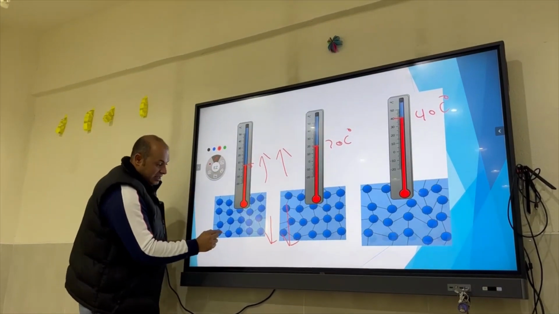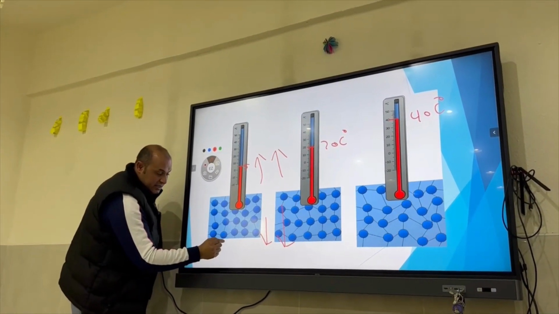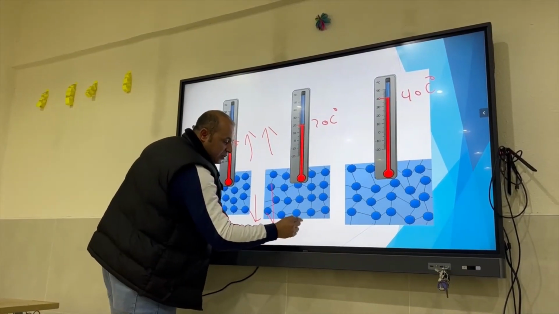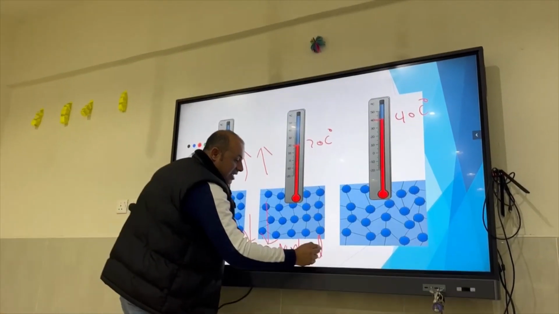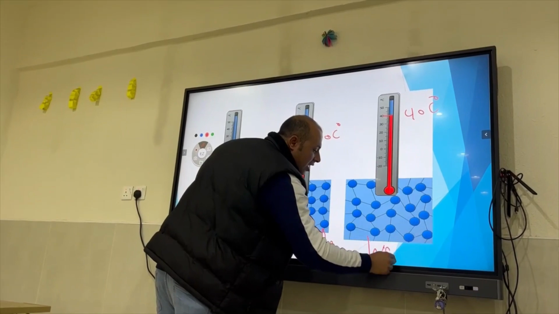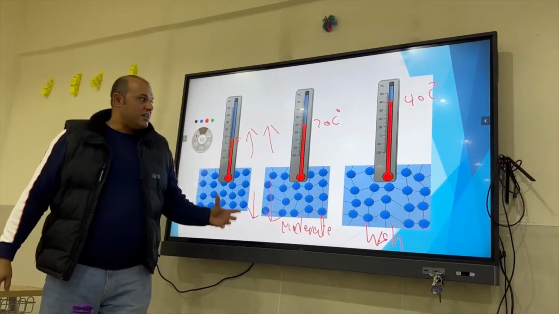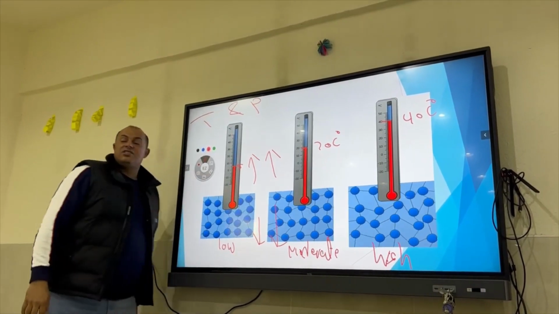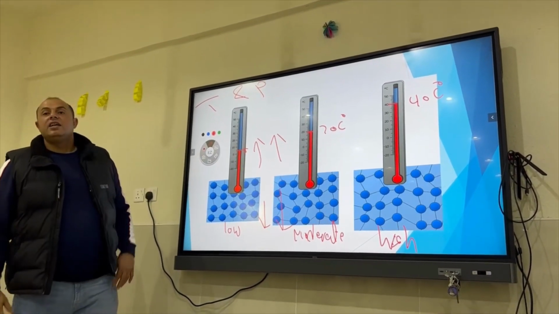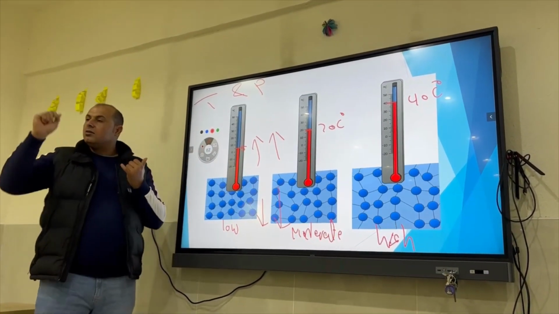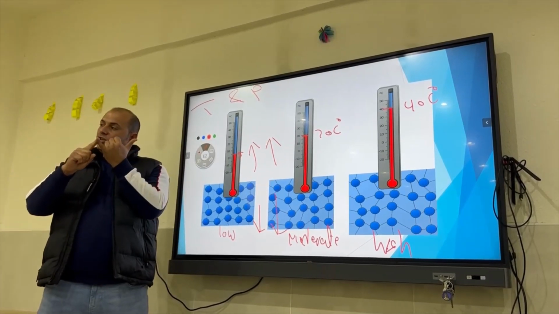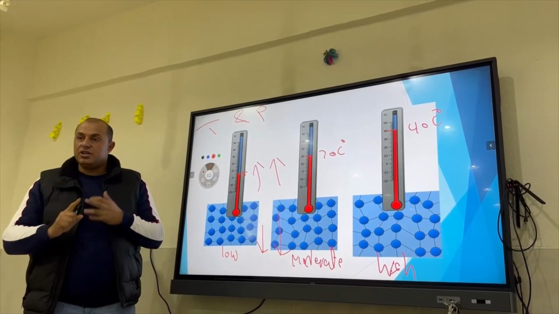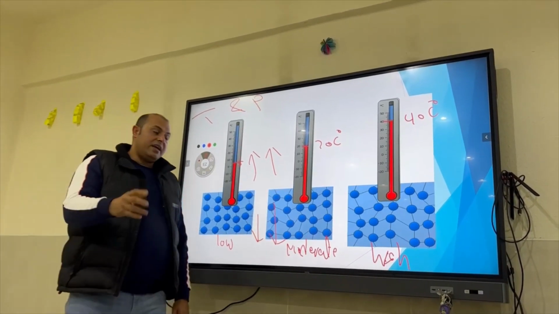Here the pressure is low, here it is moderate, and here the pressure is high. So who can tell me the relationship between temperature and the pressure of gas? Directly: more temperature, more speed of particles, and more pressure.